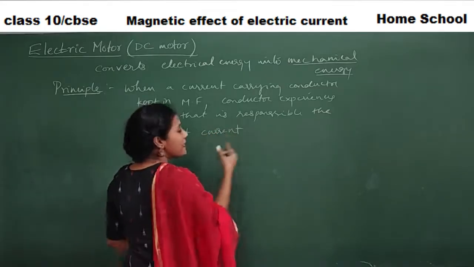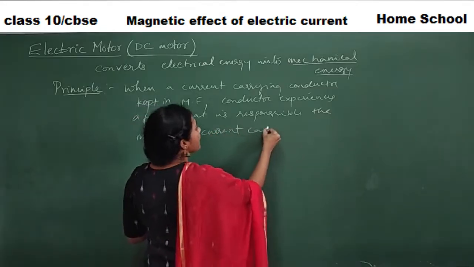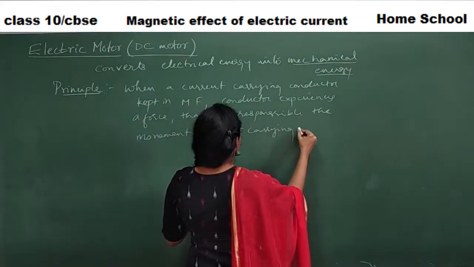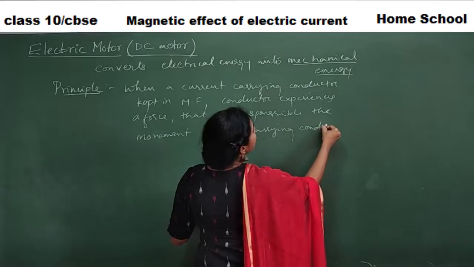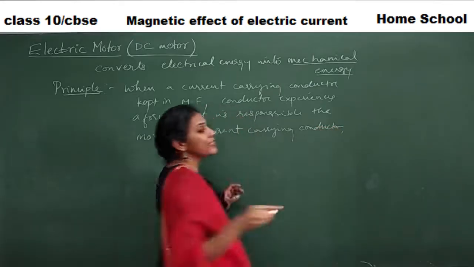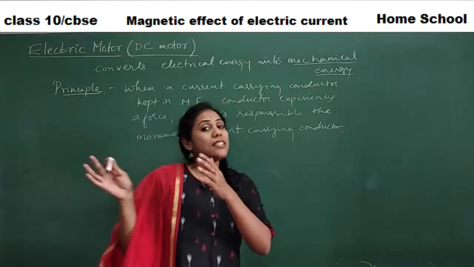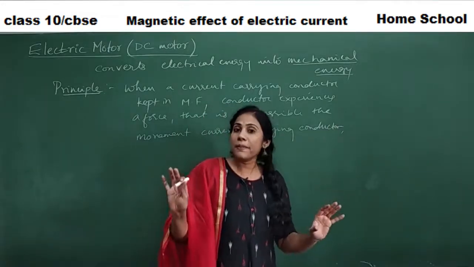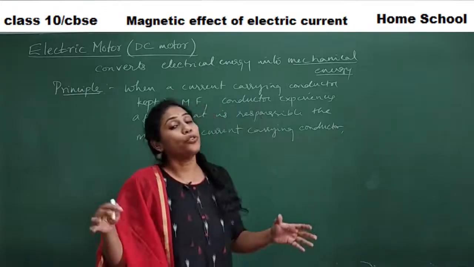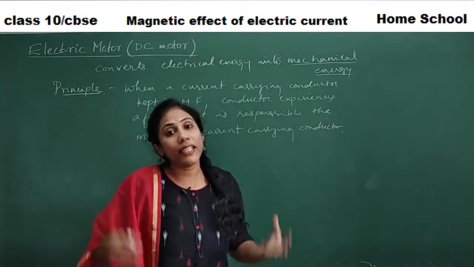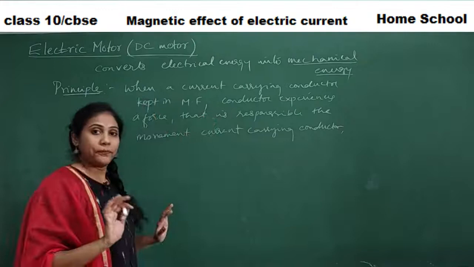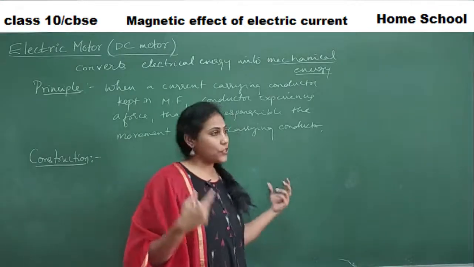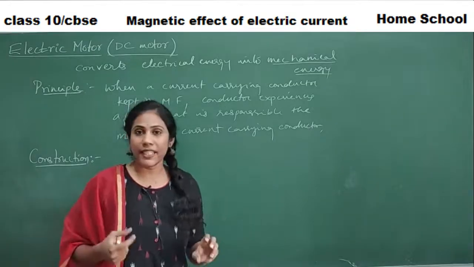Whenever a current carrying conductor is kept near a magnet, a force is generated on it, and due to that force, the conductor starts moving. This is the principle we use to create the electric motor. Very simple, right? So guys, now let us go for the construction of the electric motor or DC motor.